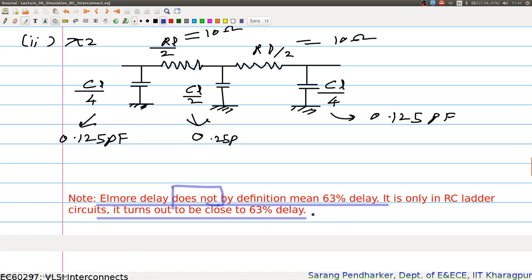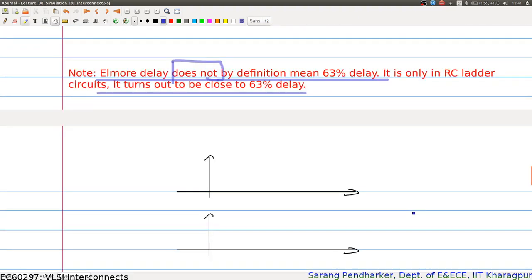So in all the analysis up till this point, how was I testing the delay? I was looking at the 63% delay for that RC network, where the output voltage becomes 0.63 times the final output voltage, and that was coinciding with my Elmore delay. But you should not forget that Elmore delay does not by definition mean 63% delay. It's only in these RC ladder circuits that it turns out to be the same.